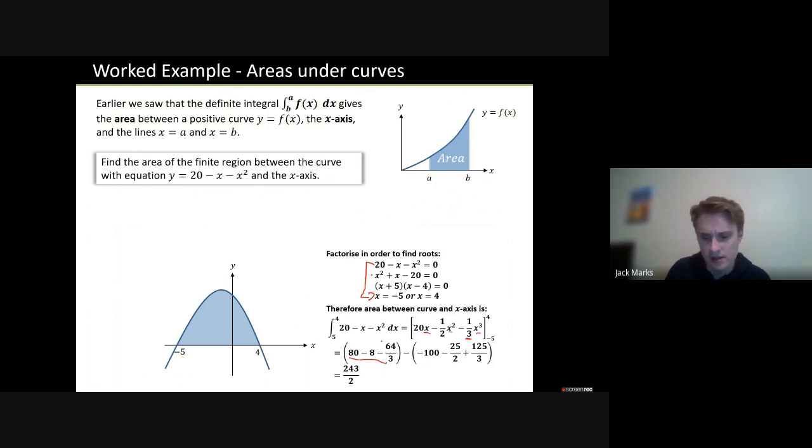But once you get this, you can just chuck a bracket in your calculator. So if it says 80 minus 8 minus 64 over 3, you could just chuck all of that into your calculator. So that's 152 over 3 minus, and work that one out as well, just to show that you haven't just pressed the integrating function, that you are actually substituting in the numbers, and you haven't made a mistake.